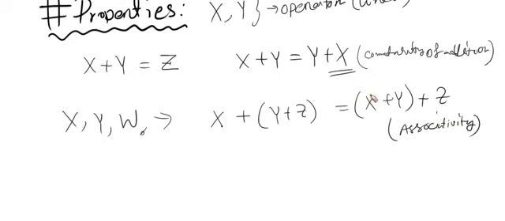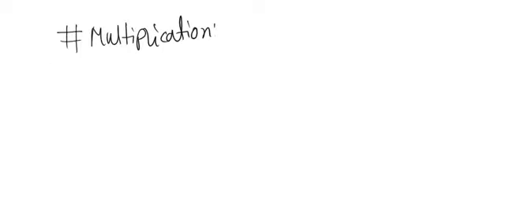And again, if you work in finite dimensional space, you can always compare these properties with the standard matrix addition. Now let's talk about multiplication, and this is where interesting things will happen. Multiplication. So our linear operators x times y will not always be equal to y times x.